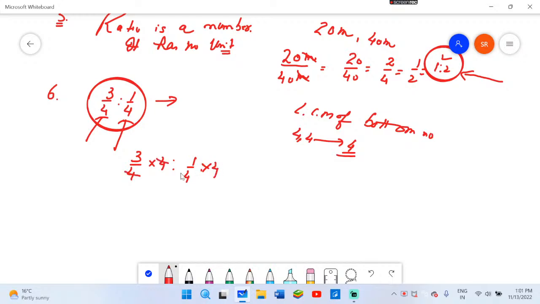This 4 is cancelled, this 4 is also cancelled, leaving behind ratio 3 is to 1. So we could convert this ratio with the terms in fraction form into the ratio with the terms as whole numbers.